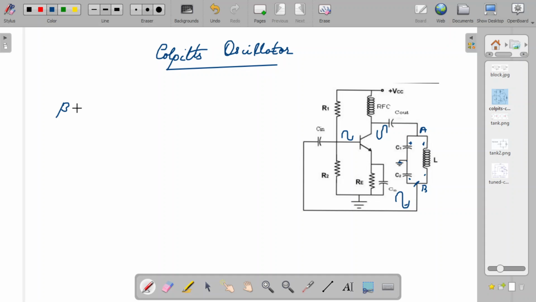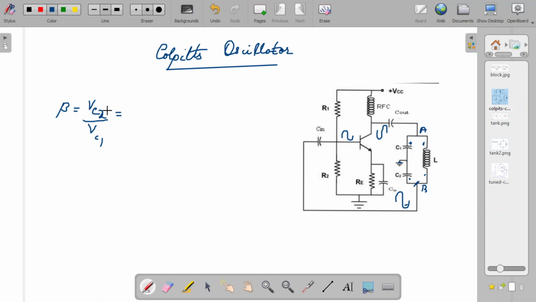You can see the feedback fraction beta depends upon the feedback network. The feedback voltage is basically the voltage across C2, and the input voltage is the voltage across C1. The voltage across a capacitor is inversely proportional to its capacitance value.